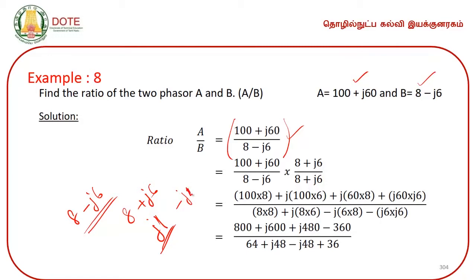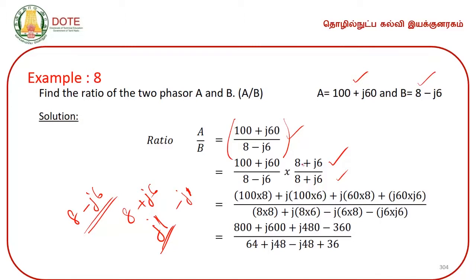Is it clear? Now, I am going to multiply both numerator and denominator by the conjugate of 8 minus j 6, which is nothing but 8 plus j 6 on the numerator and 8 plus j 6 on the denominator. Now, we have already learnt the multiplication in the previous problem. So, multiplying these two rectangular quantities becomes much simpler now.